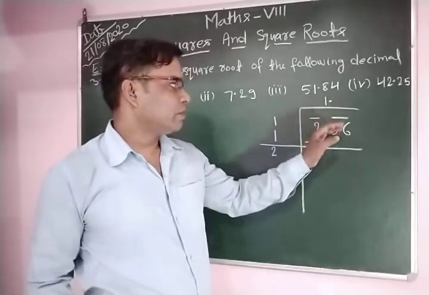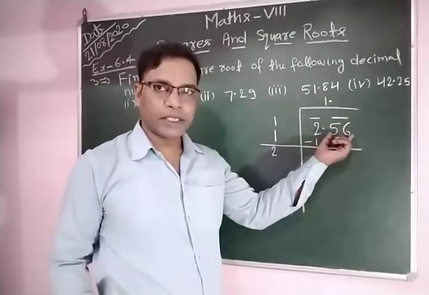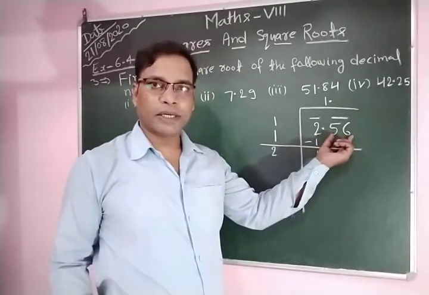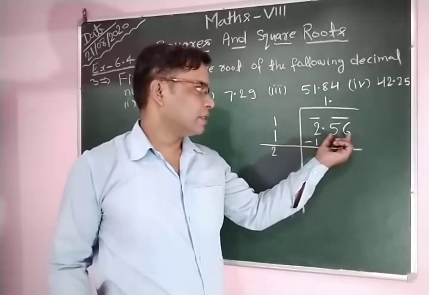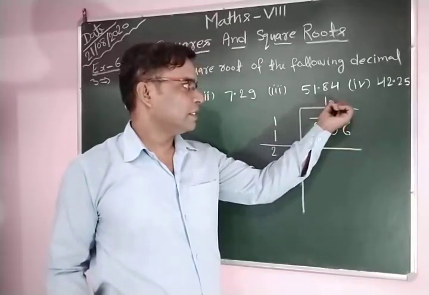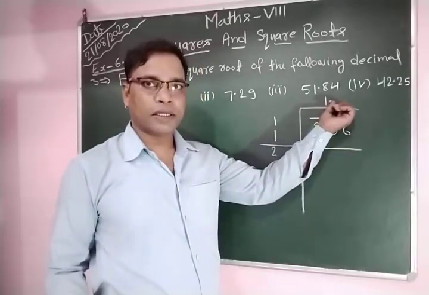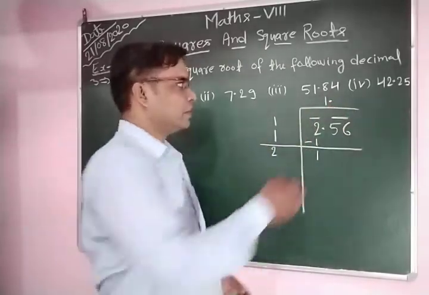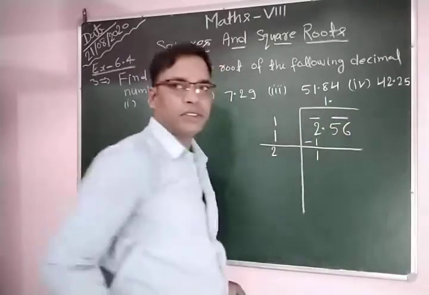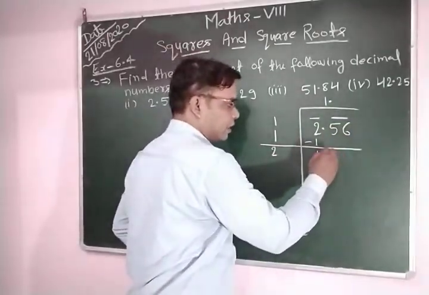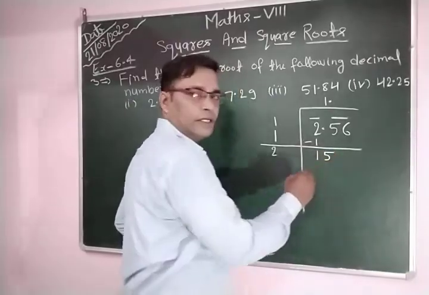Because you can see the next bar is over the decimal digits, so first we write the decimal point in the quotient after the 1, and bring down 56.